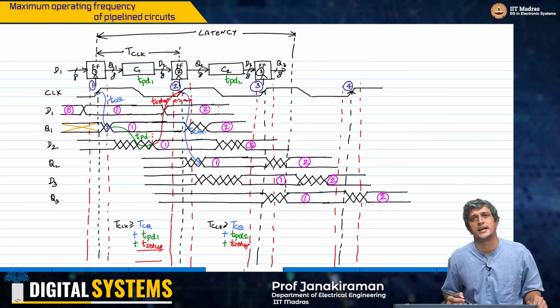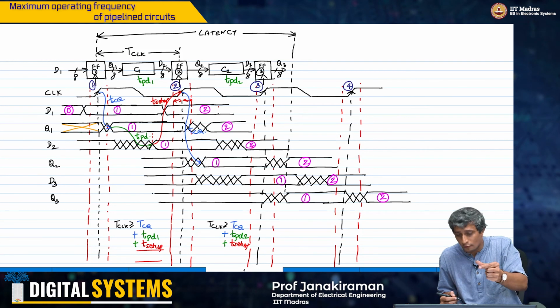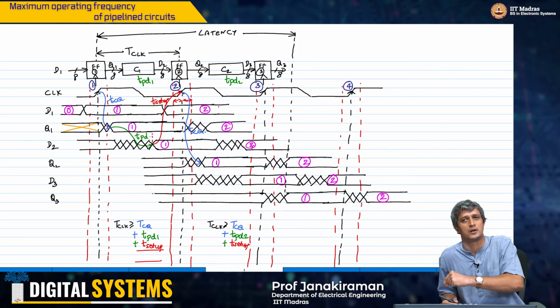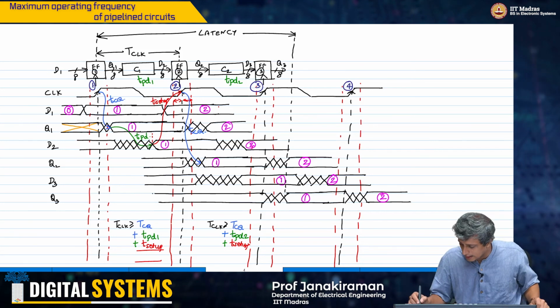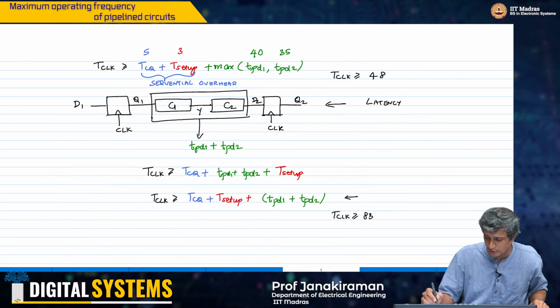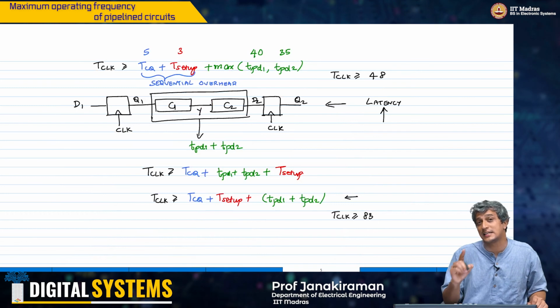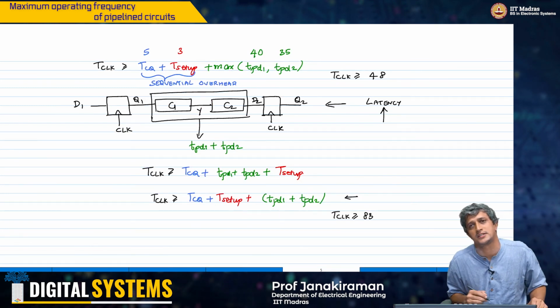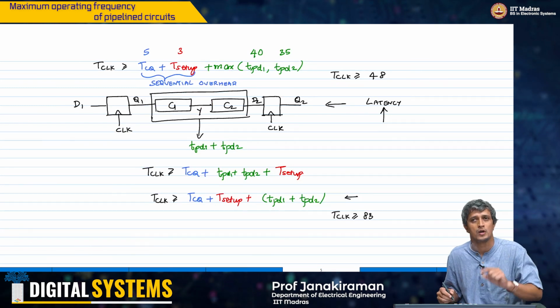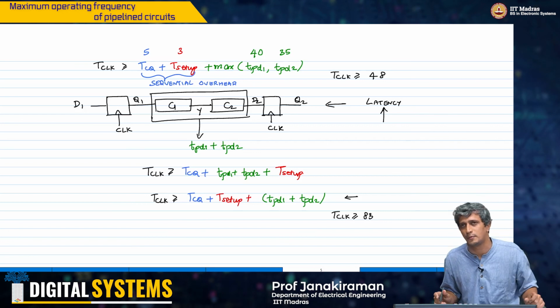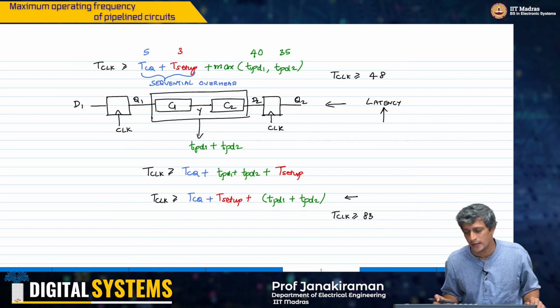So every time I add a flop, I will end up adding these TCQ delays to my system, right? And therefore, this system here will end up having greater latency than the previous system there, even though the throughput was almost double in that particular system, right?